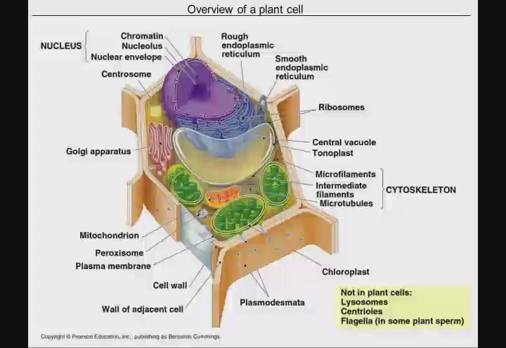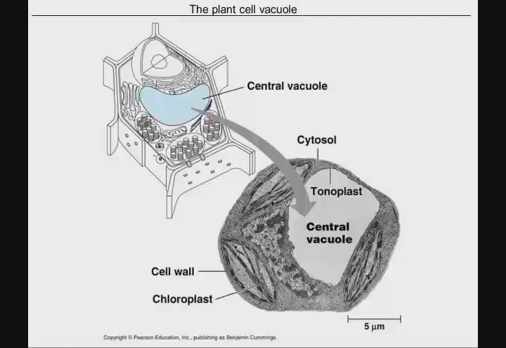And you can see it here as that large clear bubble in the center. So it's a central vacuole, and the tonoplast is the specific name for that membrane that makes up the central vacuole. Otherwise, vacuole is a very, very general term, and we use it to store stuff that we don't know how to break down or can't break down, or foodstuffs for later. But in that plant cell, again, that central vacuole is going to be very important for maintaining what's called cell turgor, and we'll talk about that later.